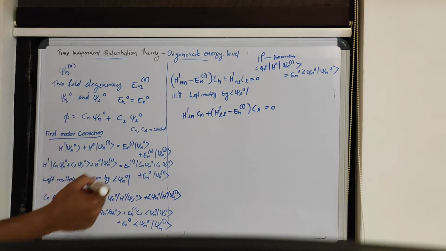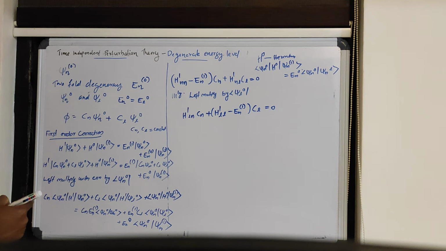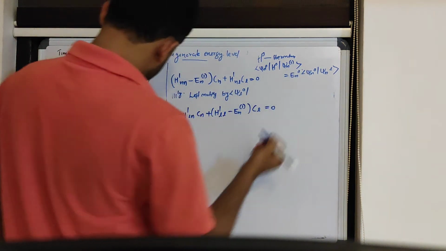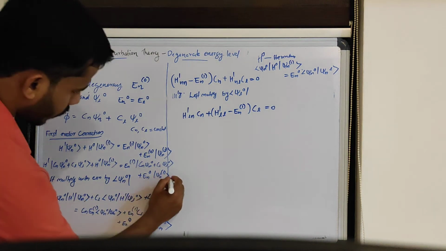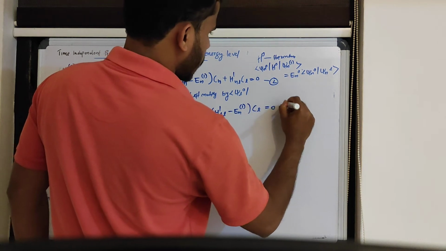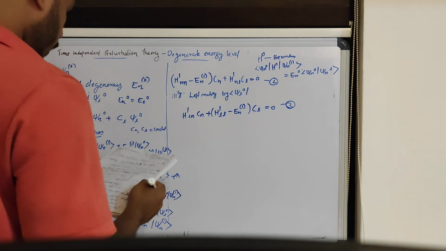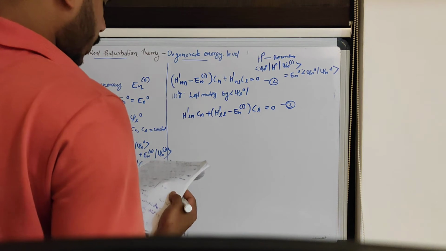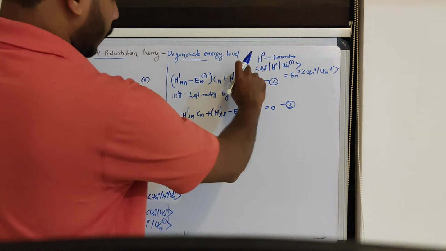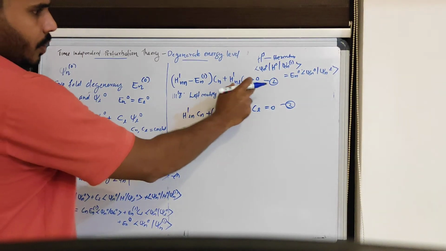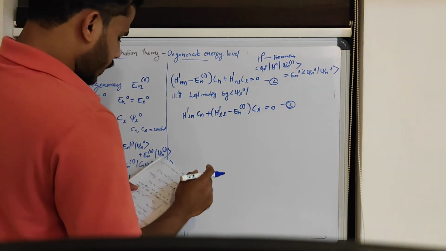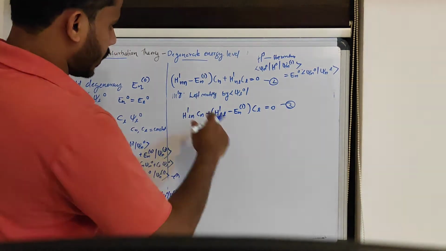Okay, so now I have two equations. One equation is here. If I call this equation number 1, this is 2, this is 3. A non-trivial solution for equations 2 and 3 exists only when the determinant of the coefficients vanishes.